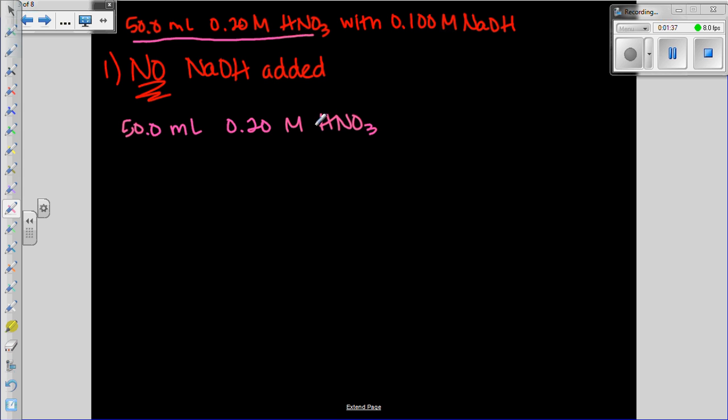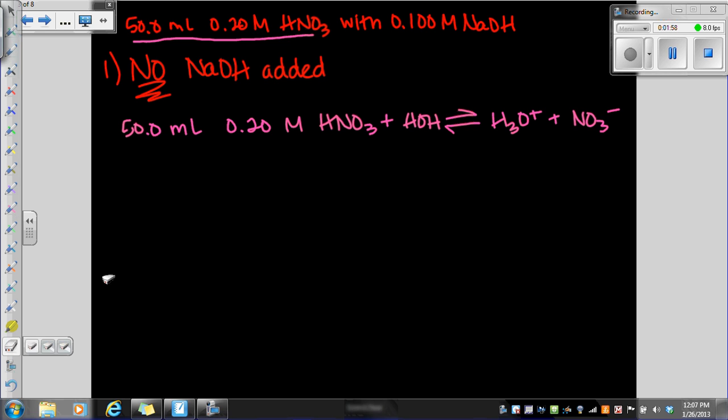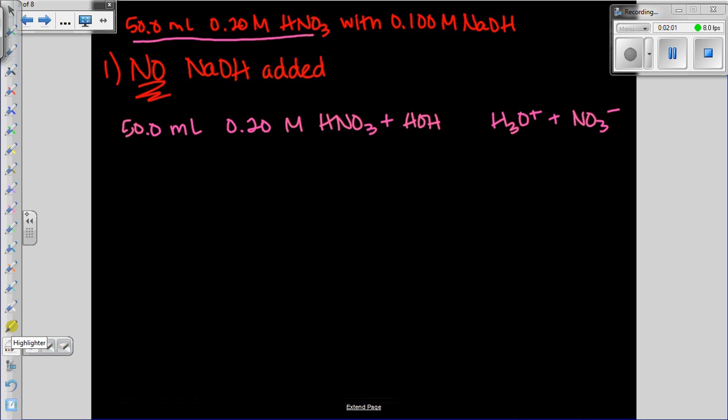Now you know that this, or by now you should know that this is a strong acid. So if that strong acid is put in water, because there's nothing else there, because I haven't added any sodium hydroxide, you would have hydronium ion and nitrate ion. And I drew our arrow wrong here because I have equilibrium on the brain.